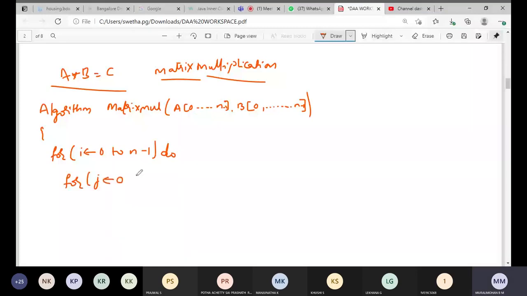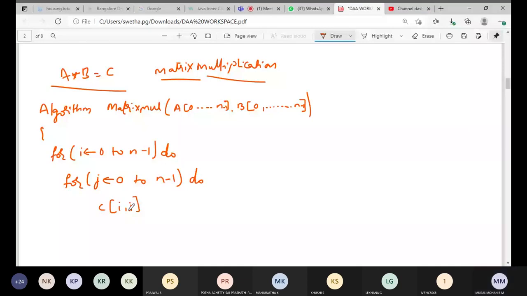For each time, we should initialize C of i comma j equals 0. Each time we are initializing that to 0.